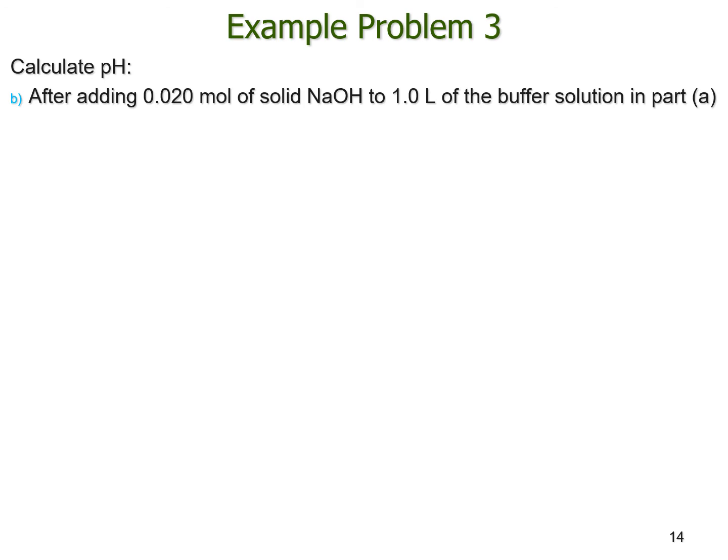All right, so now let's look at the second question. So we are about to calculate the pH of a buffer solution after 0.020 moles of solid sodium hydroxide is added. The volume of this buffer solution is 1.0 liter. While the volume becomes quite important information here.